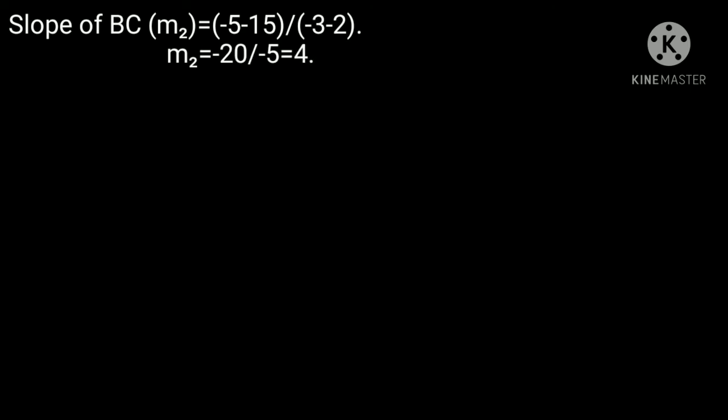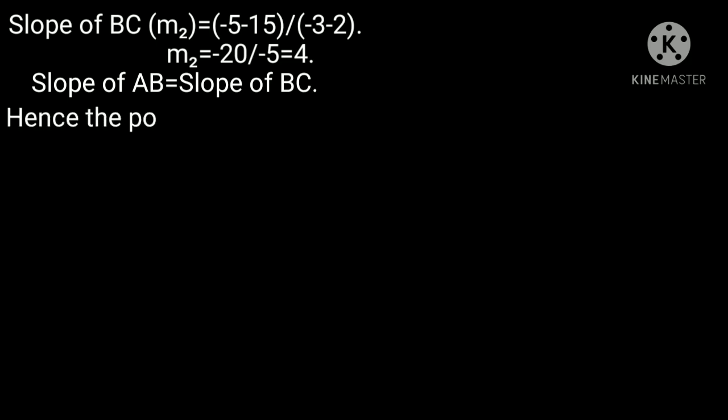After cancellation, m2 equal to 4. Then slope of BC, m2 equal to 4. From these two, we have slope of AB equal to slope of BC. The slopes are equal, so the points A, B, C are collinear.